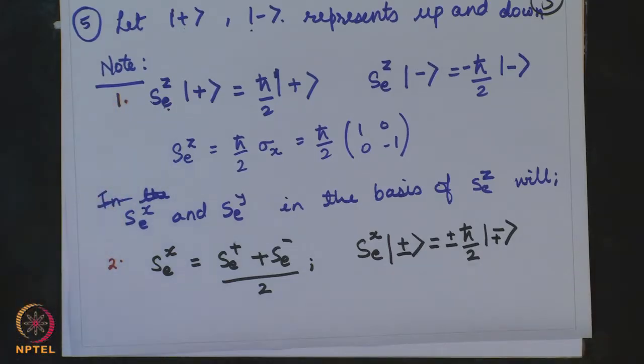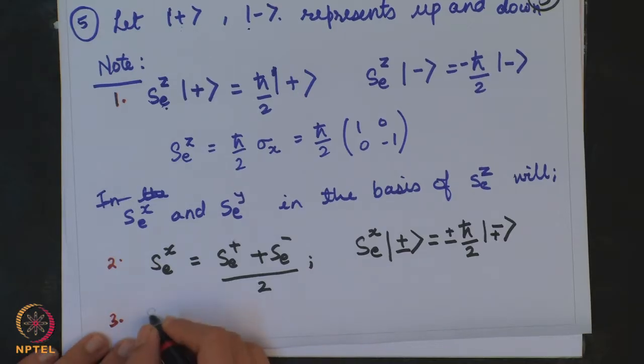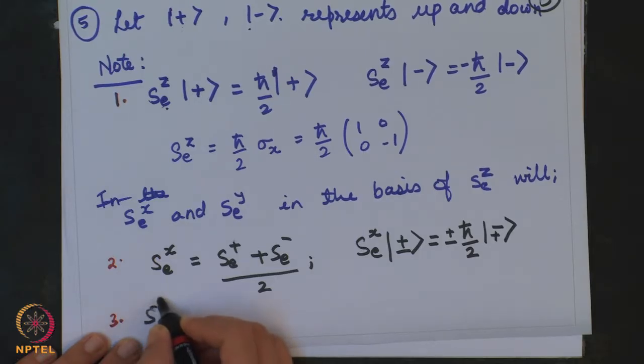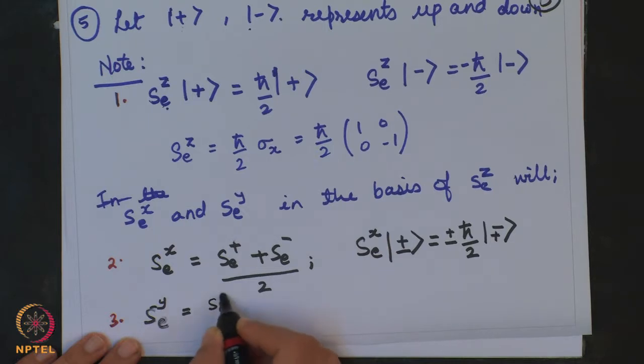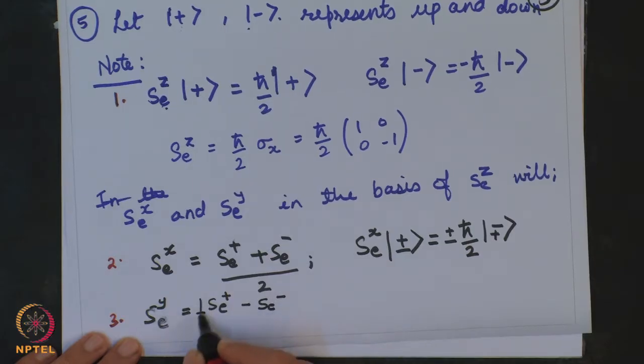Continuing with this, the third point I would emphasize, coming back to Se, is Se plus minus Se minus, and here I will have a factor of 2i.